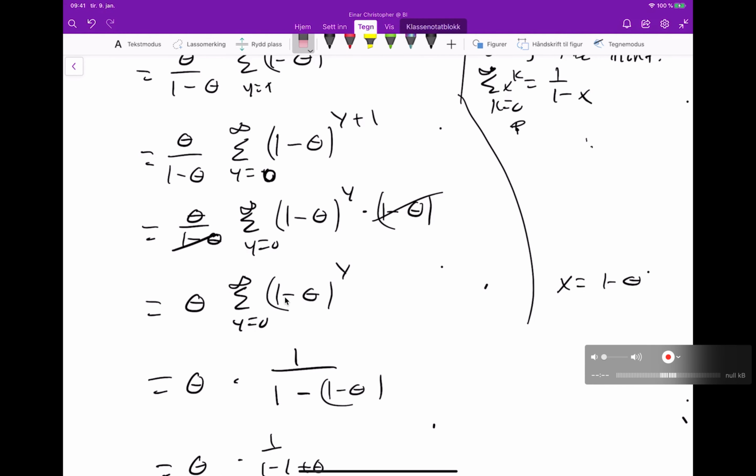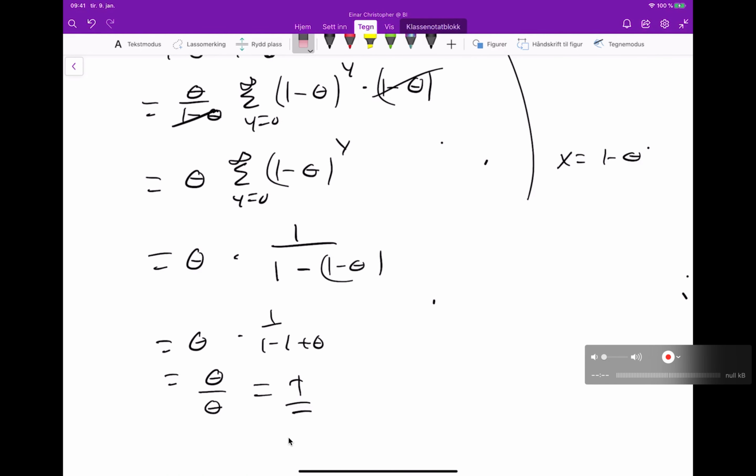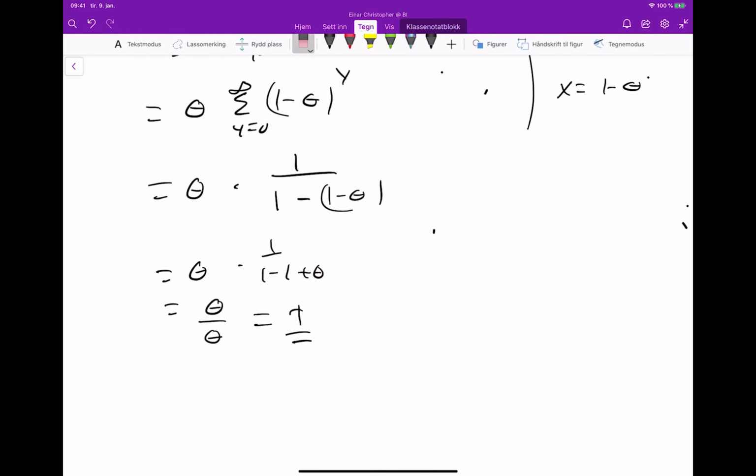But now this is just as the hint, where x is 1 minus theta, and we get that this sum is 1 divided by 1 minus x, but x is 1 minus theta. And we see that this is 1 minus 1 plus theta, and we get theta over theta, which is equal to 1. What we were supposed to show.